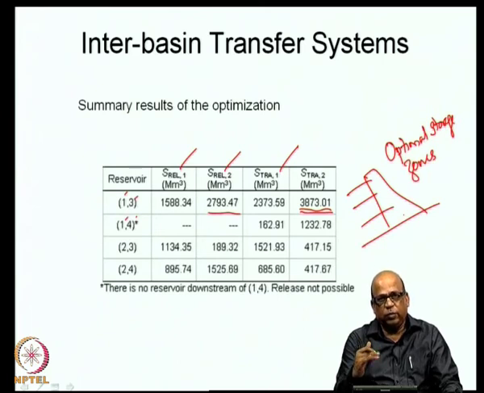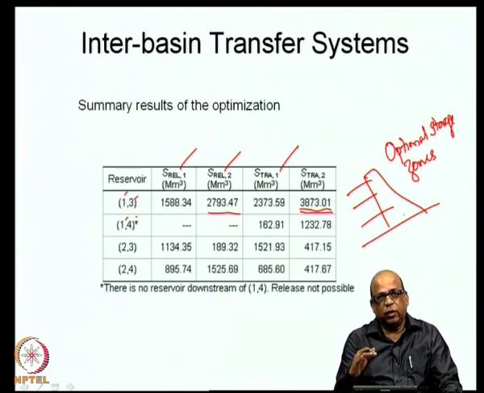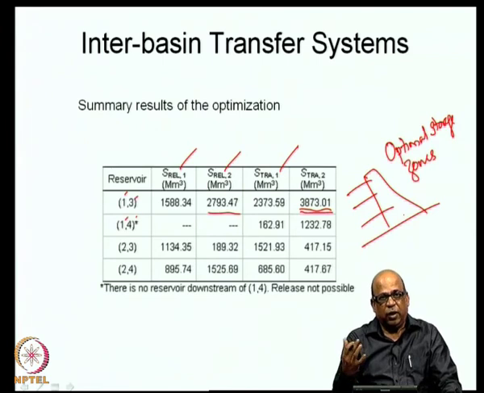So, how does this system now perform with respect to these optimal storage zones is the question that we need to ask. To do that, we evolve performance criteria, and the first level question that we ask is, how reliable is the system in terms of its ability to meet the demands at each of the reservoirs and the system as a whole. The system as a whole has certain demands.